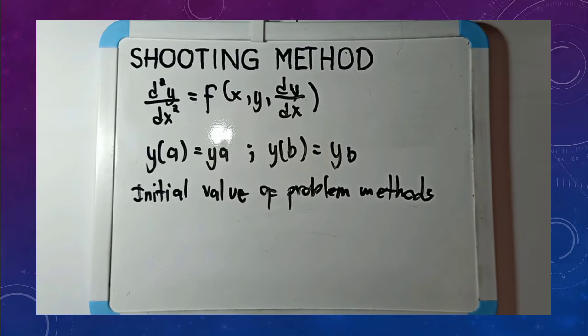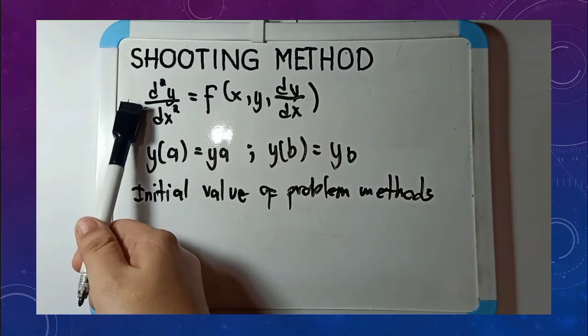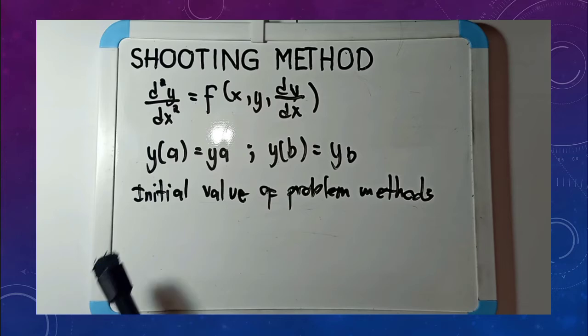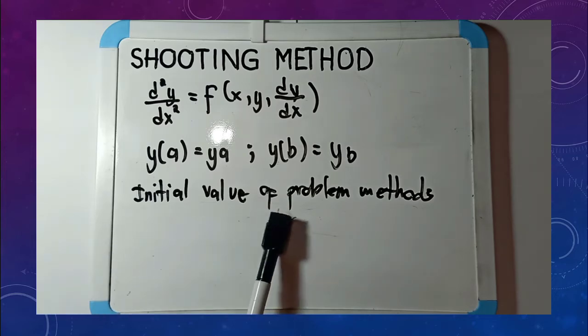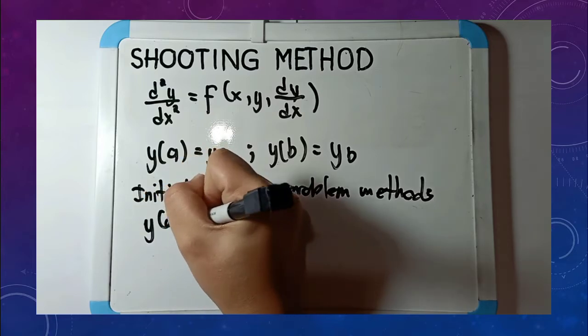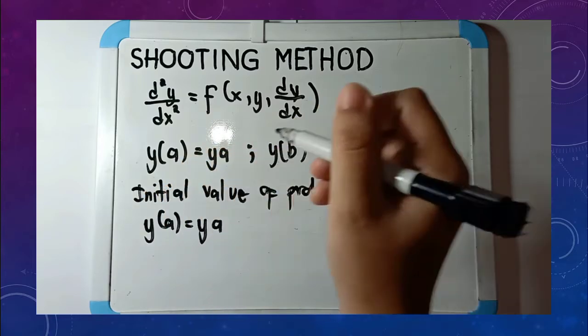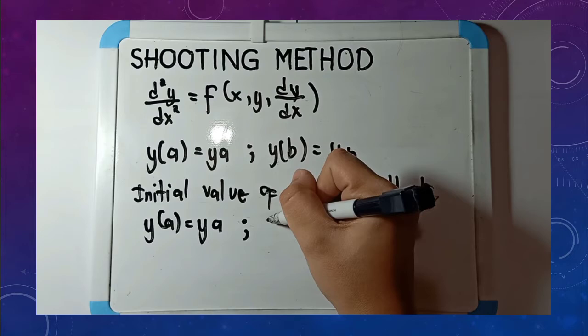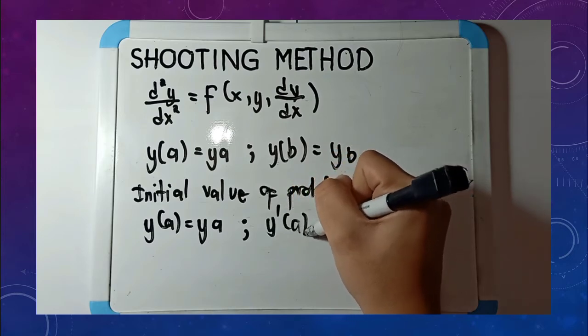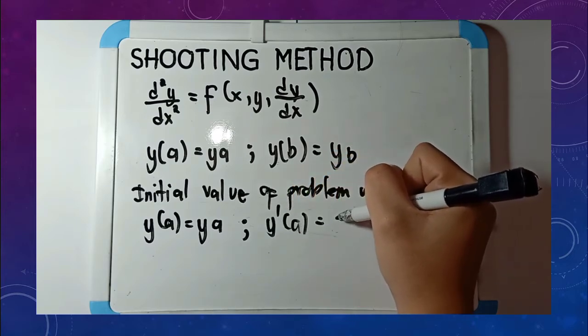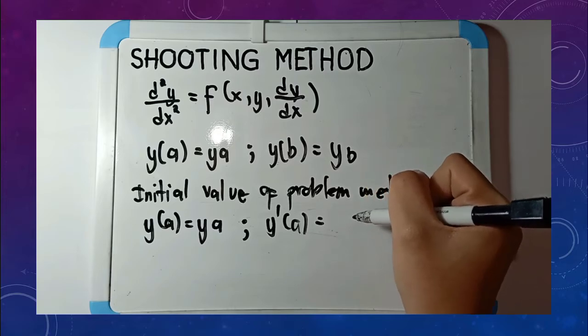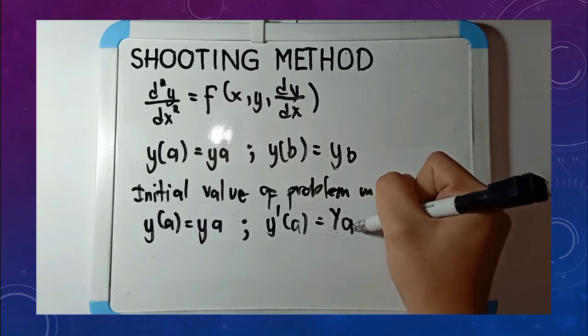So what that means is that if we have this second order differential equation right here, and we are using the initial value method, then we would need the condition which was given, and that is y of a is equal to y sub a, and then we would also need the condition that y prime of a is equal to, let's call it, capital Y sub a.